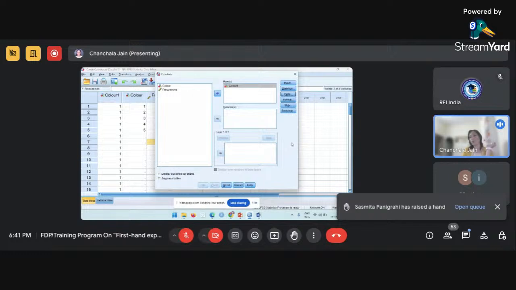This is all we need to perform chi-square, but after doing every arrangement, you can see this OK button is not active. Yes, ma'am, because we are putting only one variable. Crosstabs, from the name itself, it is very clear. It is cross-tabulating your two variables.